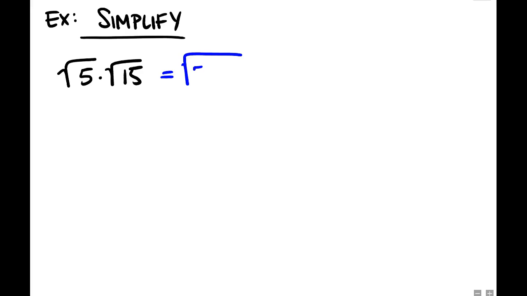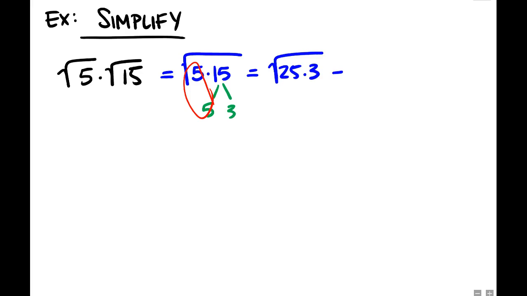If I multiply radicals, I can just multiply the radicands inside of a single radical. And if I'm clever here, I recognize that when we did this, we got a pair of 5s, right? So I can even rewrite this. This is the same thing as the square root of 25 times 3, which simplifies to 5 root 3. So that's using the product rule in this direction.